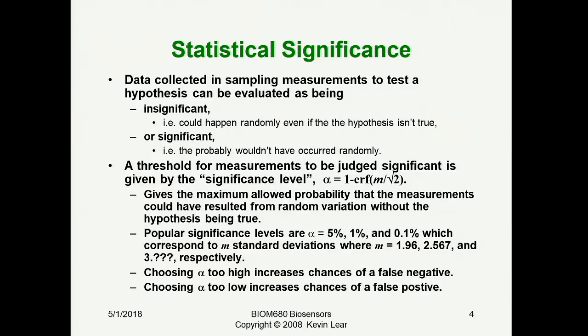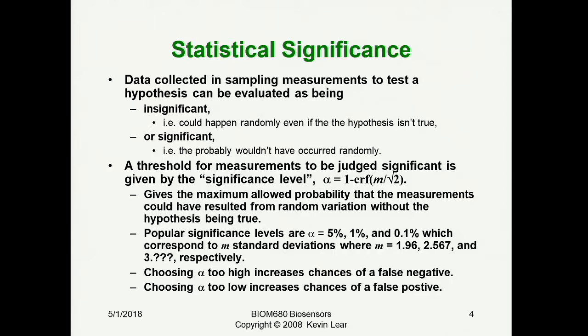There's some chance it could randomly show up and not really show that there's any difference between those two cell types. Or your statistical sampling of it could prove to be significant, that is, that it probably wouldn't have occurred randomly. You can never completely rule out that something happens randomly, but you can make it incredibly unlikely that it would have happened randomly, okay?